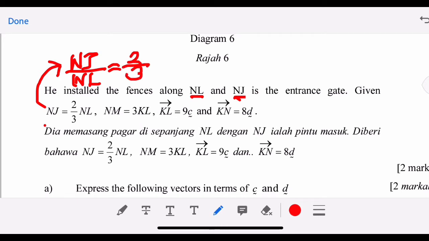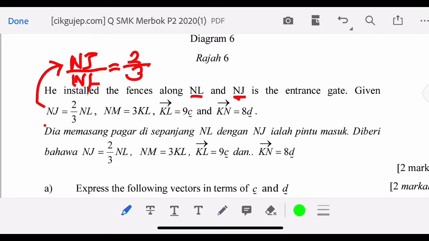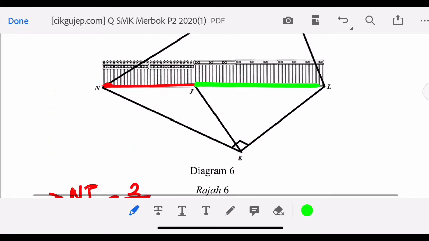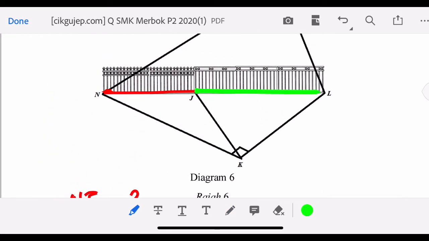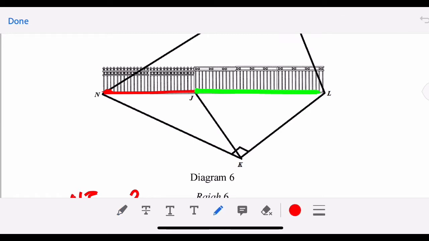The letters go to one side and the numbers go to the other side, cross multiply. Then we can label first: NJ is 2. That means J to L will be 1, because the ratio given for NL is 3.